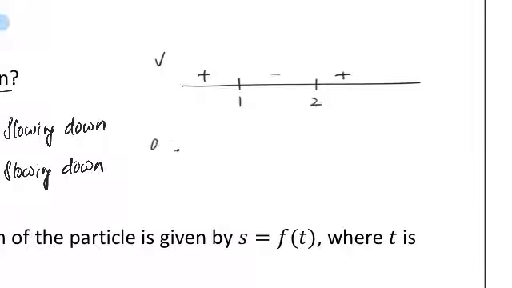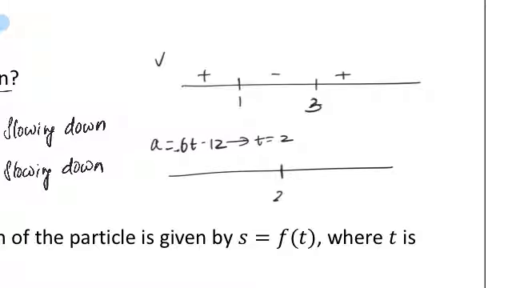So the acceleration was 6t minus 12. This was 3 on the velocity. So on the acceleration, this has a 0 at t equals 2, right? And we do the exact same thing. The acceleration is positive on the right side of that 2. You can test a point, put in 3, and you get 6 times 3, 18 minus 12, which is 6, that's positive. If you put in 1, you get 6 minus 12, which is negative, right?